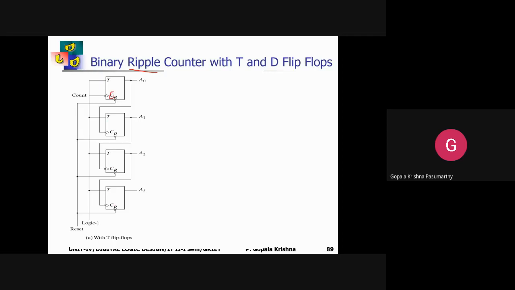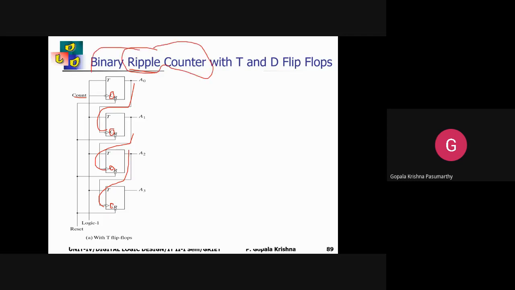The clock input of the first flip-flop is connected to the count. The clock input of the second flip-flop is connected to the previous flip-flop output. This clock is connected to A1. This flip-flop clock is connected to A2. See, since the clocks are connected to different sources, we call it a ripple counter.